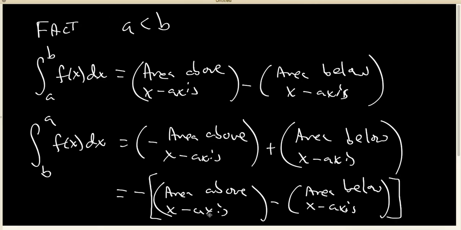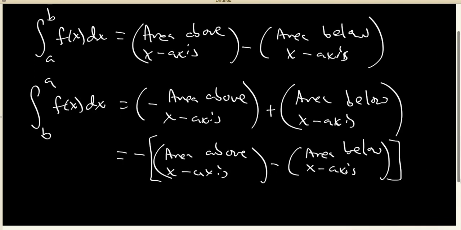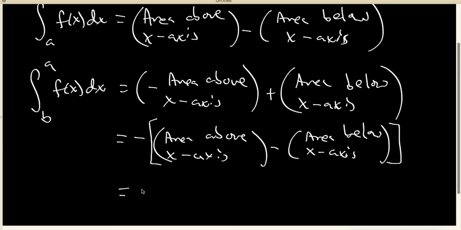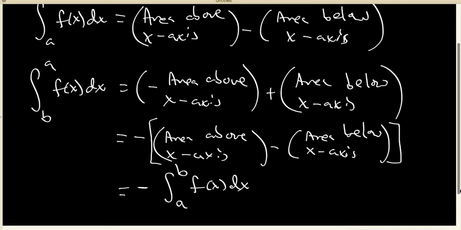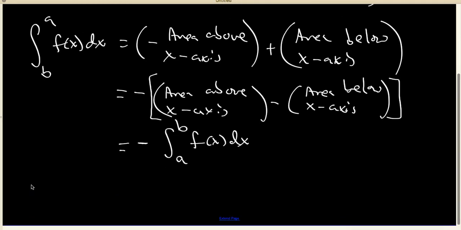Because this minus sign is going to multiply both of these two terms. And now what I'm looking at is minus the integral from a to b of f of x dx. And so we have a very basic important fact about all definite integrals.